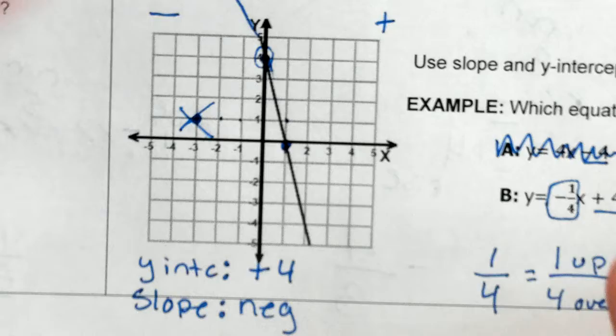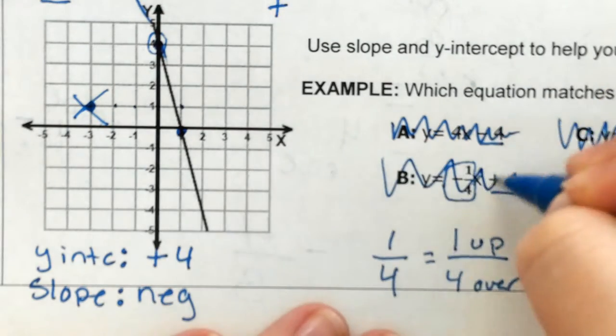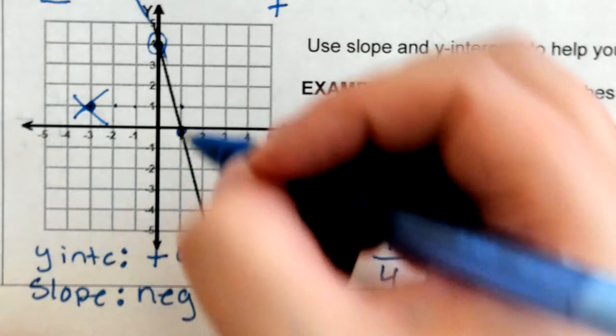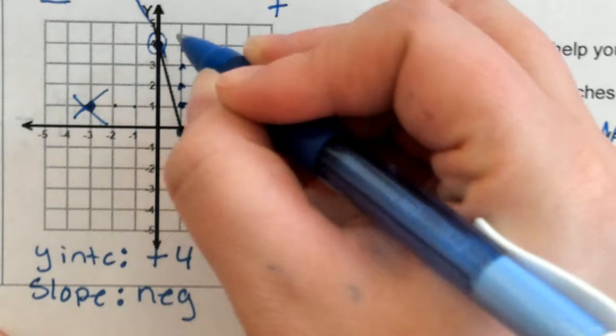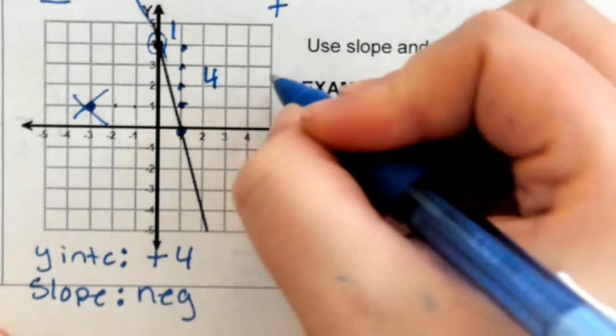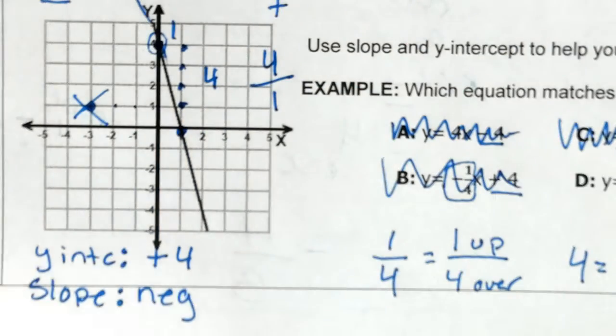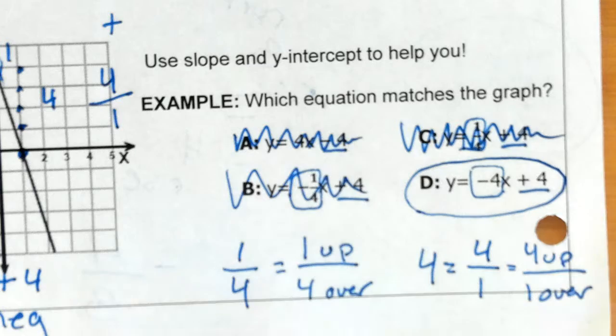So that's no good. So this 1/4, up 1 over 4, is not the right slope. But if I go up 1, 2, 3, 4, and then over 1, that's what I'm looking for. I went up 4 over 1. So our slope ends up being that -4.